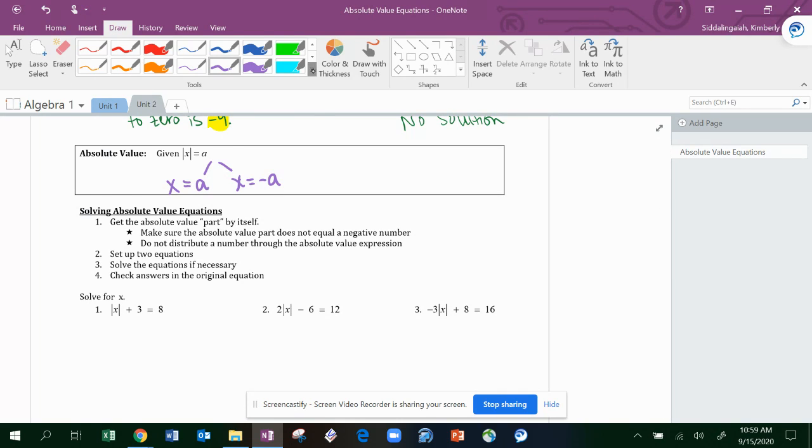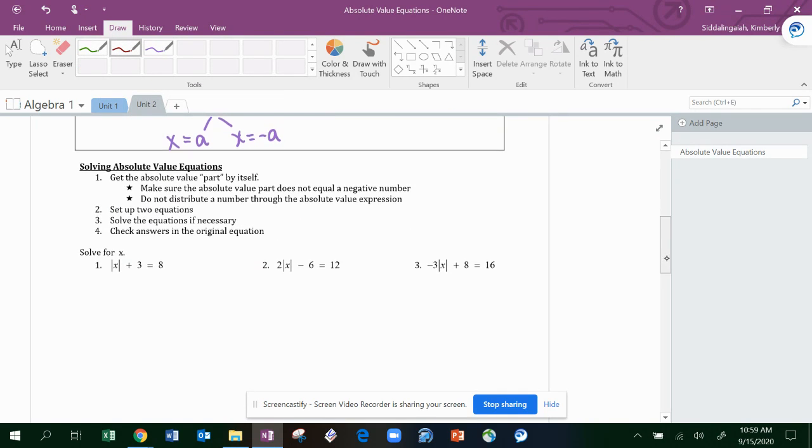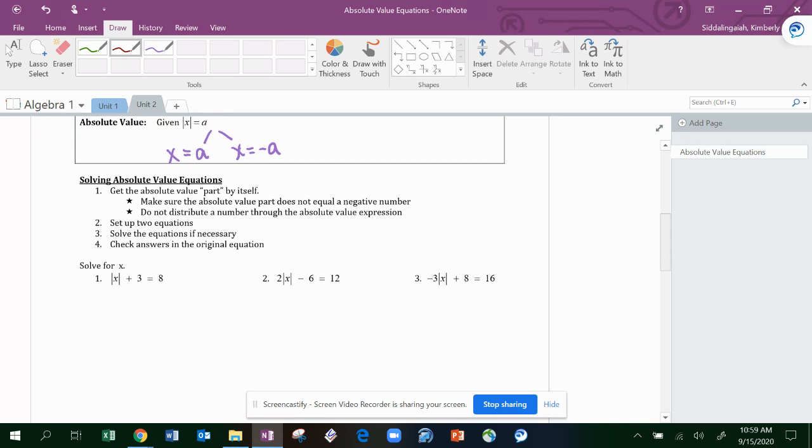So let me do a couple examples with you so you can see what I am talking about. How is this really going to work? Notice I have some steps up there. We'll go through those in class on Thursday. But let me just do some examples where I walk through those steps. The first step is to get the absolute value part by itself. So in the first question, that means I have to move the 3.